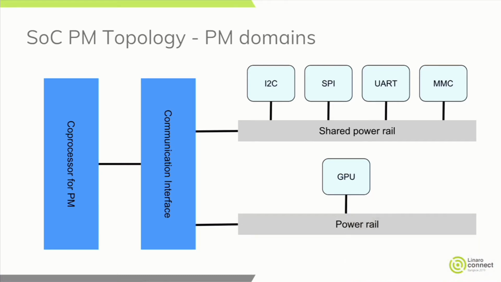To manage these kinds of complex topologies, we have invented something that we call PM domains in the kernel. And that applies to both the system-wide scenarios and the runtime PM scenarios.